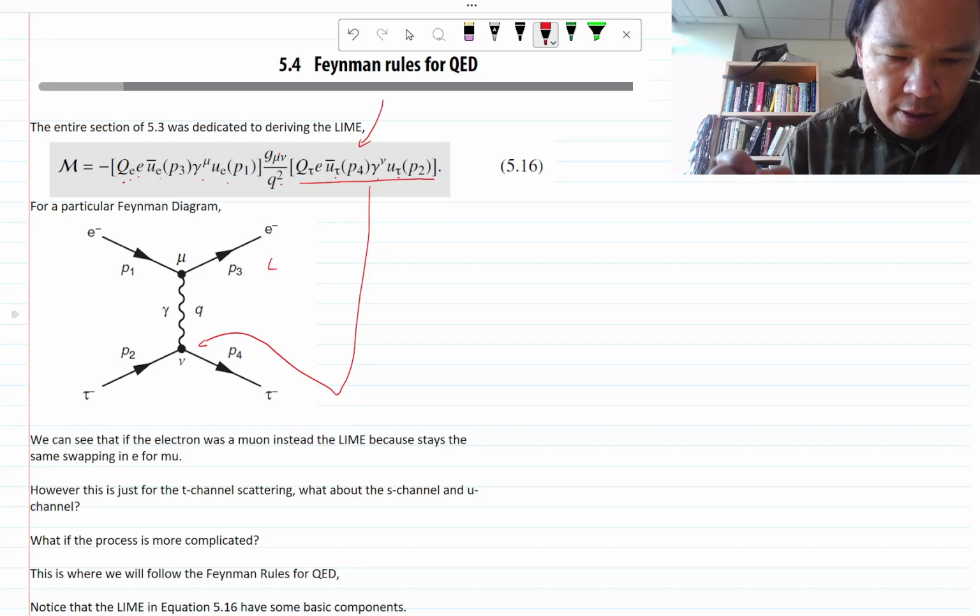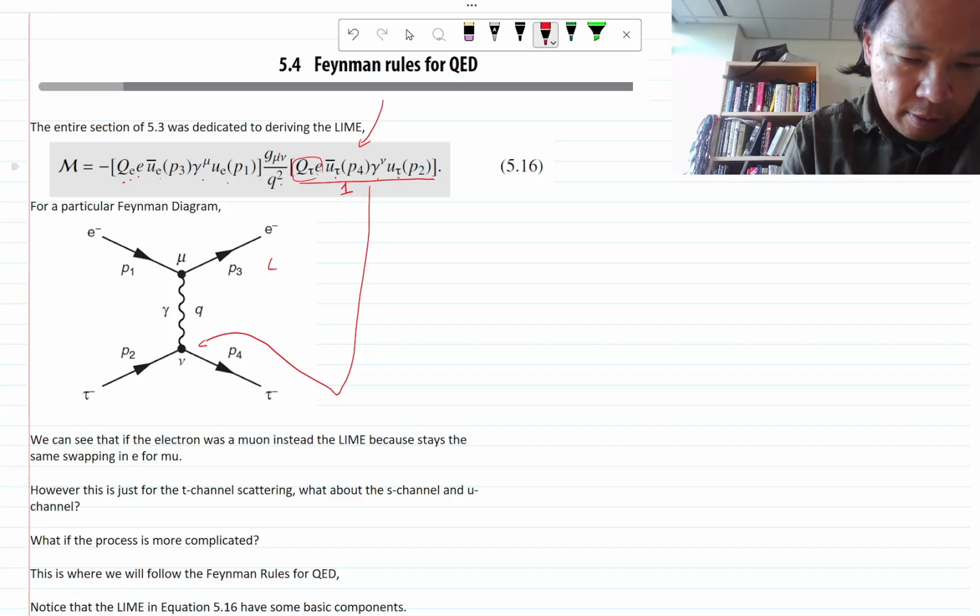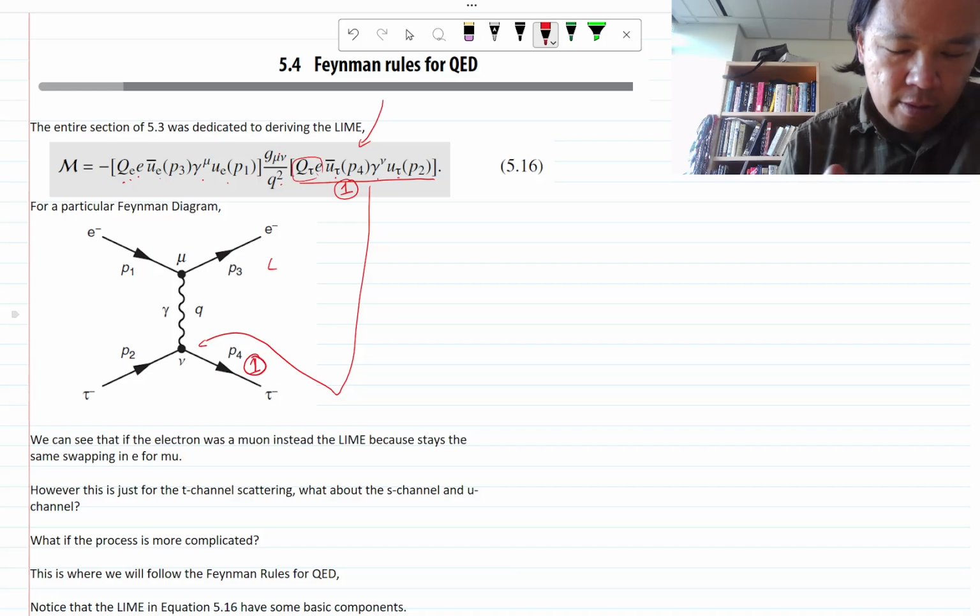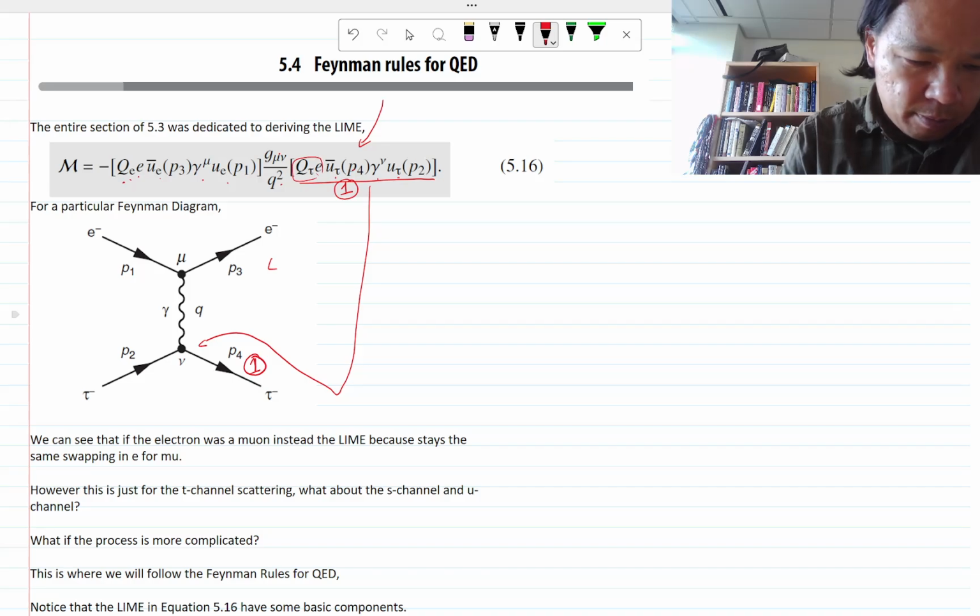In fact, if we were writing this in the forward direction, this is what we write first. We're going to put a circle 1 there, but that factor came from here, P4.